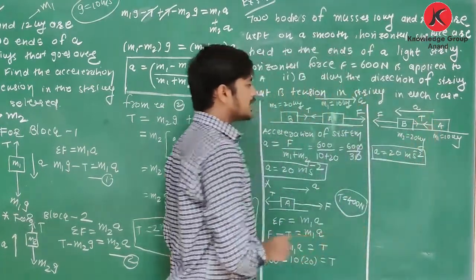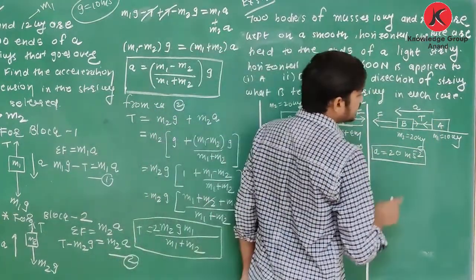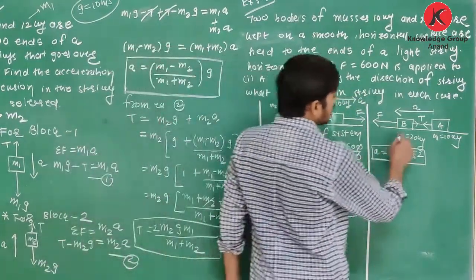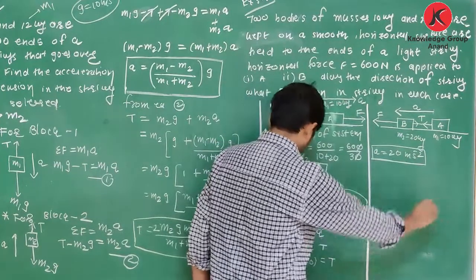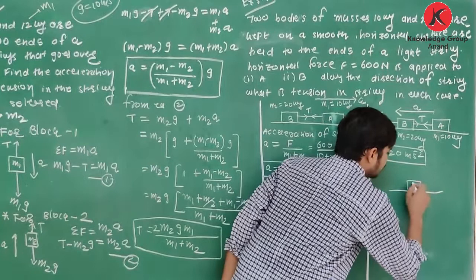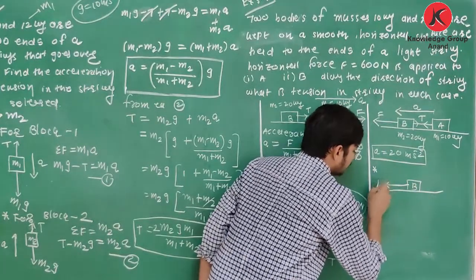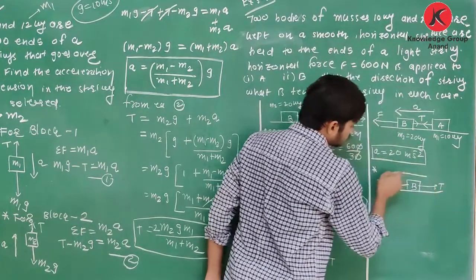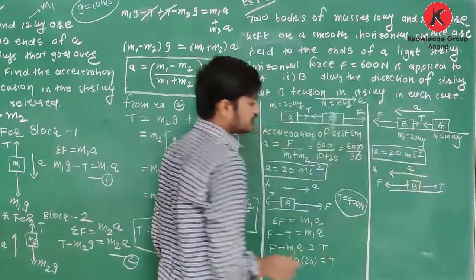See, again if I consider any one block, for example this block B, then for this block B, external force F is applied in this direction, tension is in this direction, and it is moving with acceleration A in this direction.